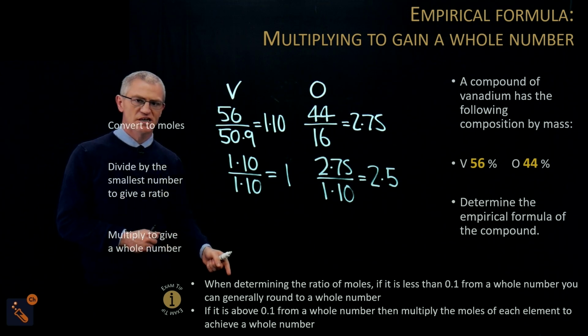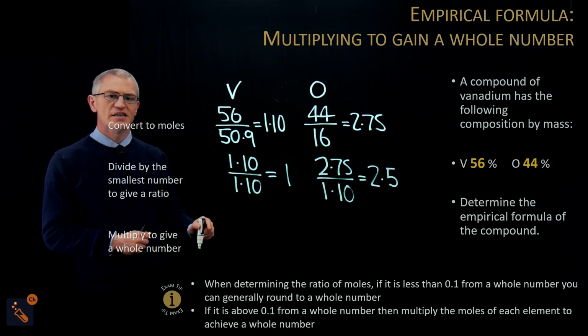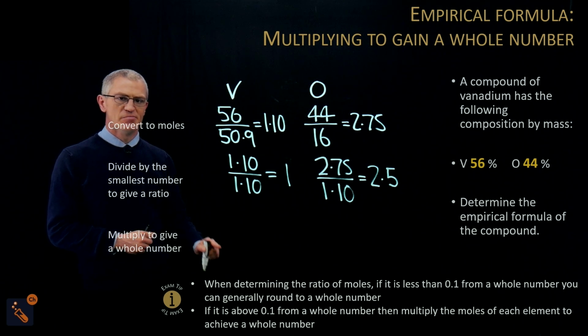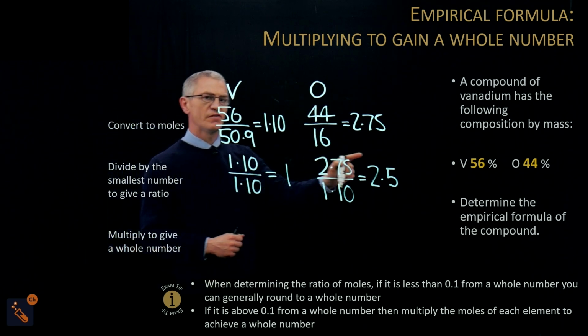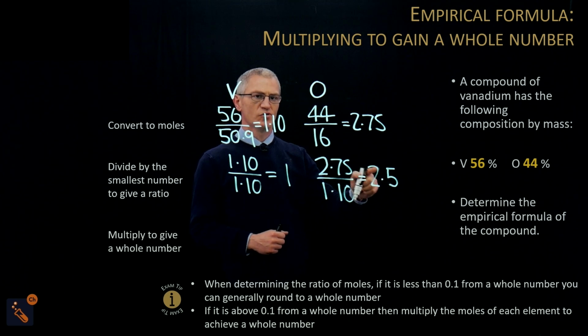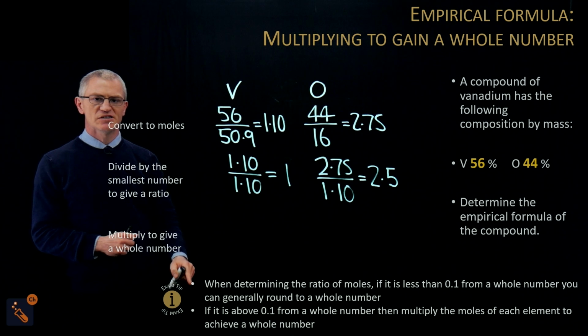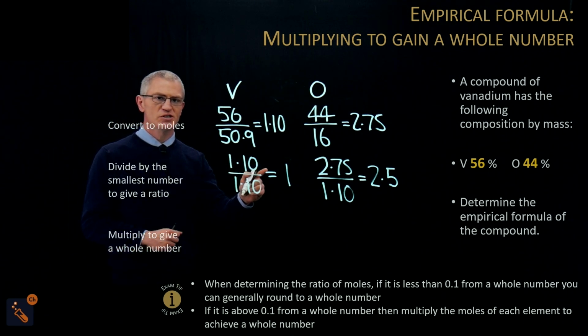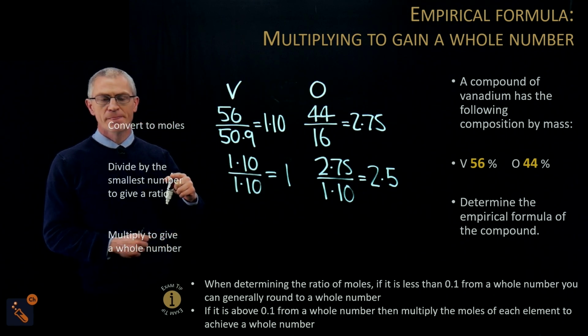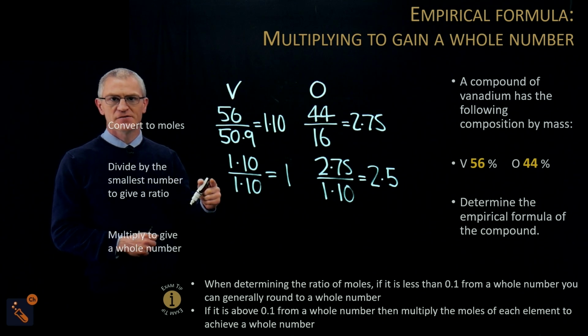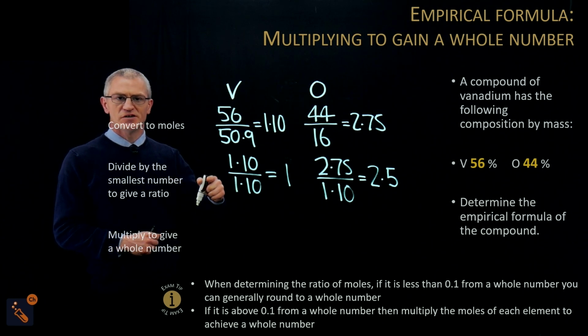You then go to your exam tip, and in your exam tip, 0.5 is above 0.1, so then you have to multiply the moles of each element to achieve the whole number. If you want to turn 2.5 into a whole number, and think about this now, you will turn the 2.5 into 5.